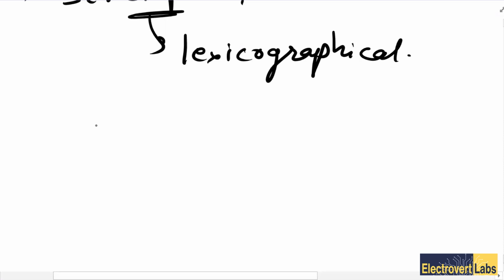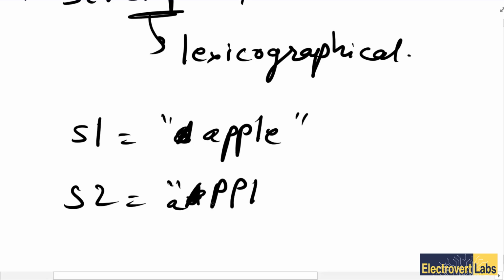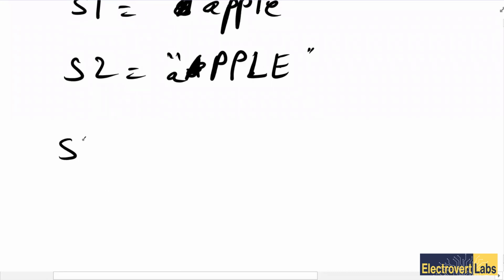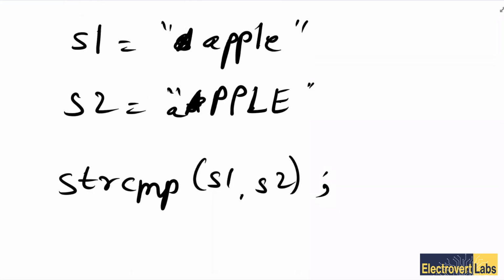For example, if s1 is apple, and s2 is small a but capital PPLE. Now if you do strcmp s1, s2, see what happens.